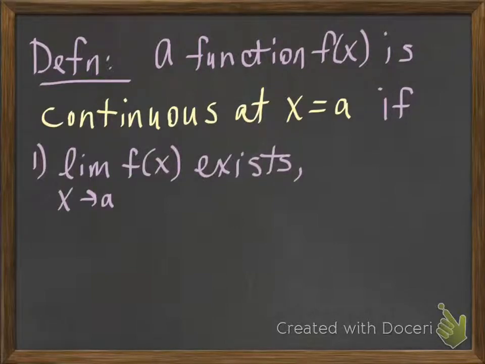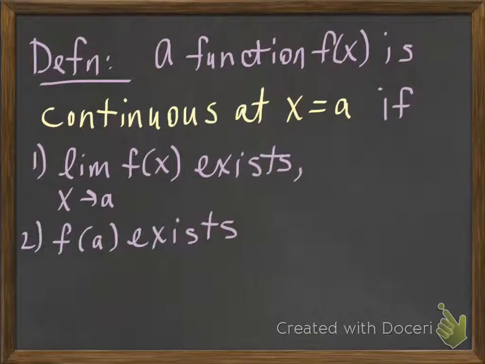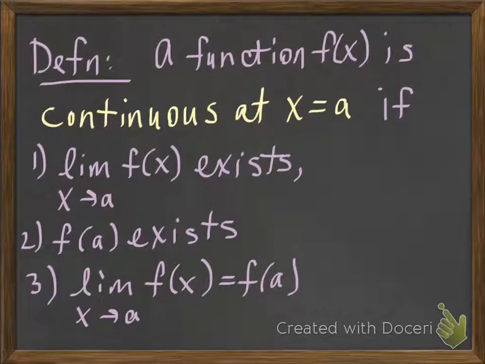If the limit as x goes to a of f of x exists, if f of a exists, so in other words, if a is in the domain of f, and most importantly, if those two things are equal. So if the limit as x goes to a of f of x equals f of a, then if all three of these things hold simultaneously, we say that our function is continuous at a.